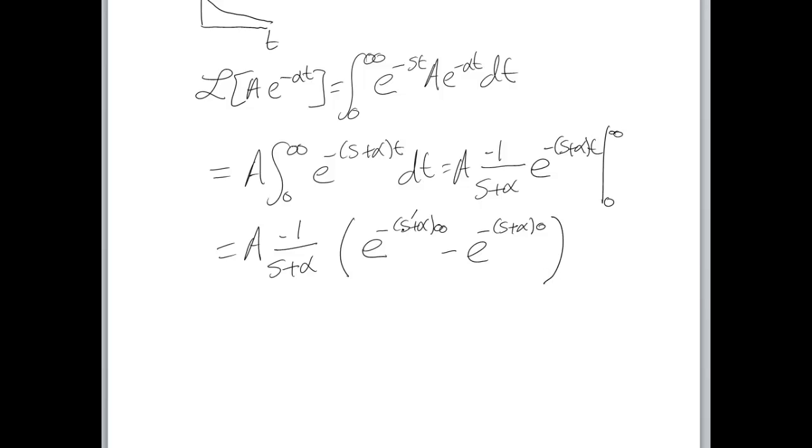So e to the minus infinity, that term goes to 0. E to the minus 0, that term is really 1. So what we're left with, and now we have to remember we have a minus sign in this numerator, and we have a minus sign in front of this exponential, so our final Laplace transform of an exponential is a divided by s plus alpha.